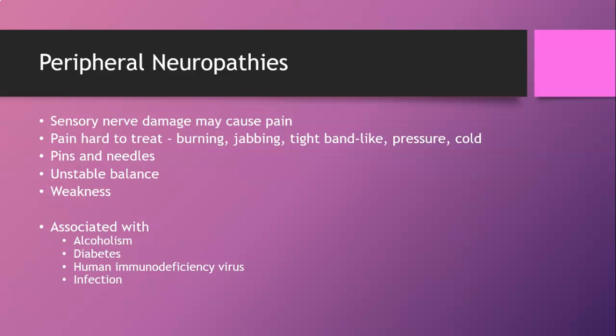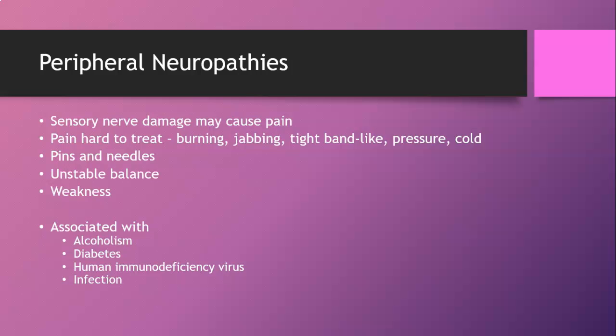So peripheral neuropathies are associated with alcoholism, diabetes, and specific neuropathy conditions are associated with alcoholism, varying degrees depending on the type of nerve damage.